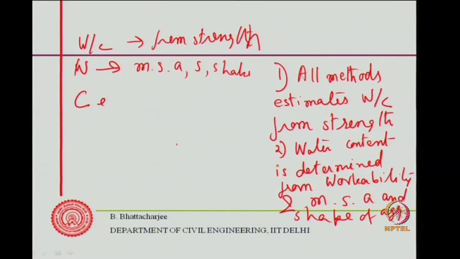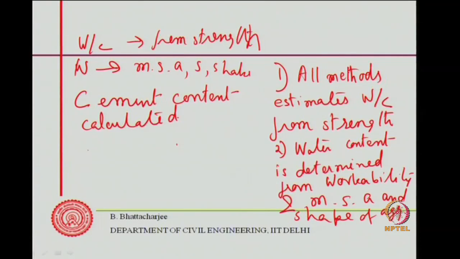Then cement content is calculated. The only next thing is to determine the coarse aggregate to fine aggregate ratio, which is determined differently by different methods. So, most of the methods determine water cement ratio from strength, water content from MSA, slump, and shape of the aggregate, then you can calculate cement content, and the coarse to fine ratio is calculated differently by different methods.